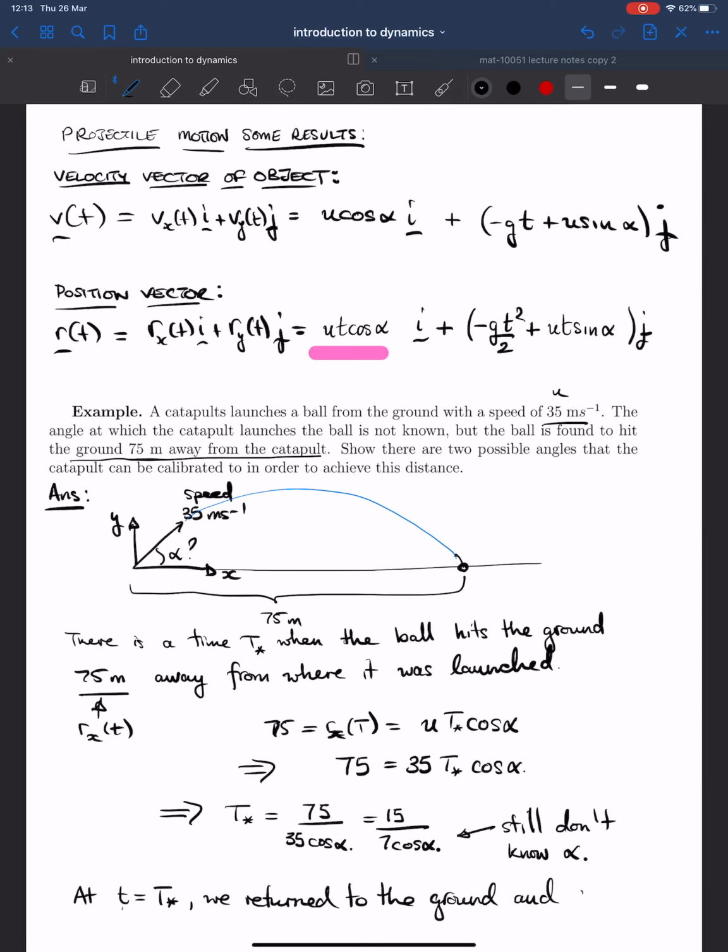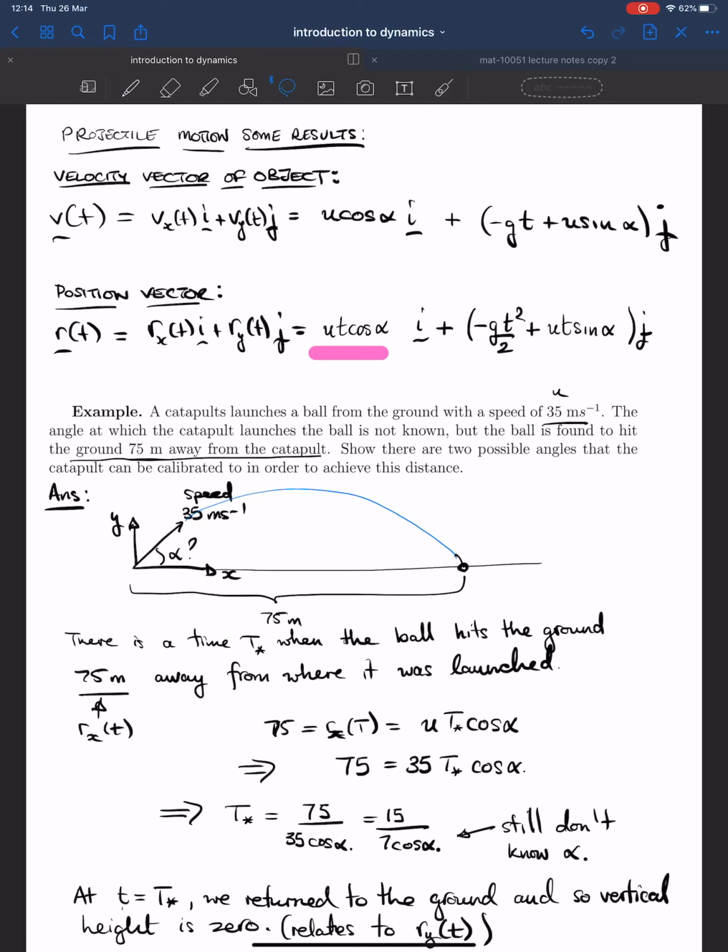And so vertical height when you're at the ground in our reference system is 0. And this relates to our second component, Ry of t, and this is what we'll use.